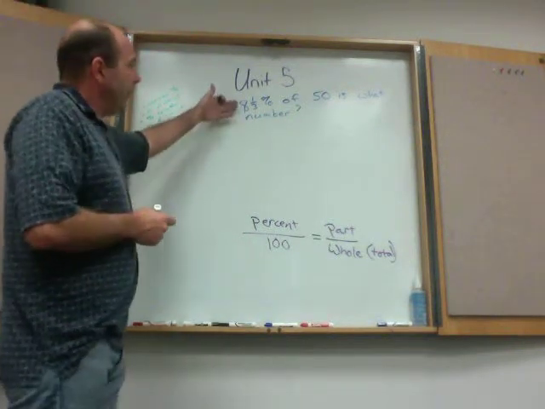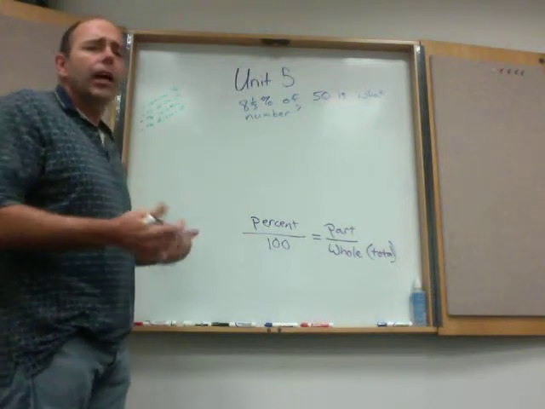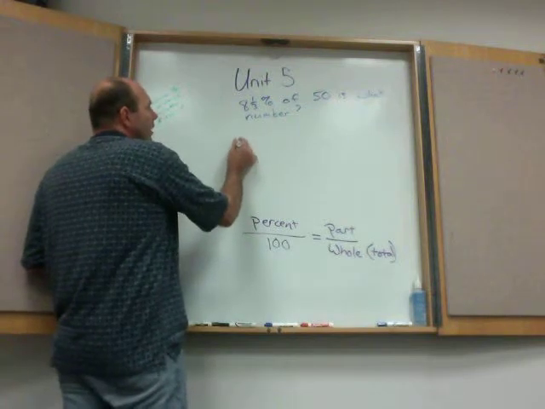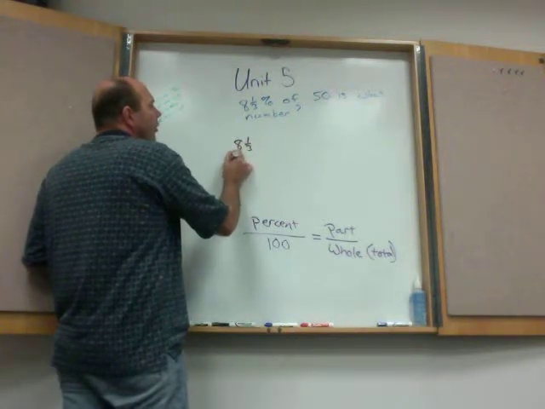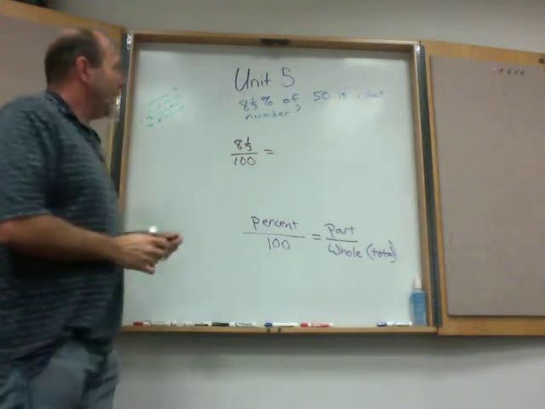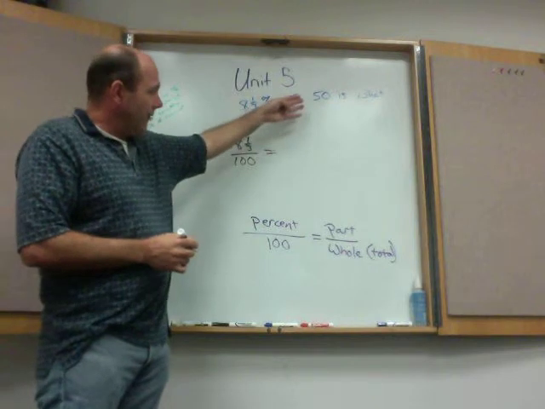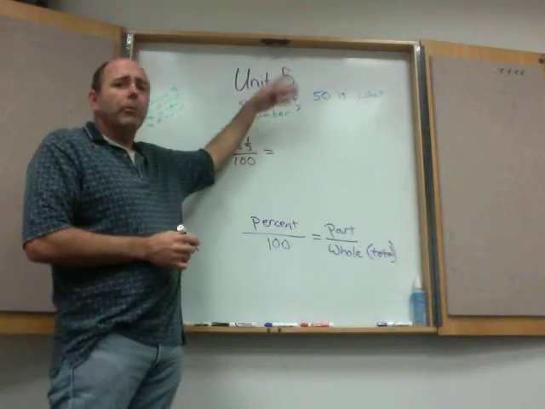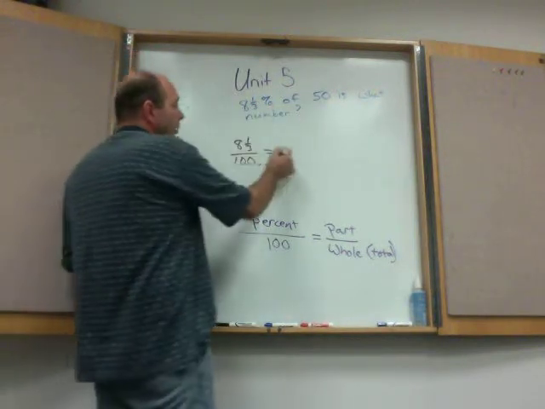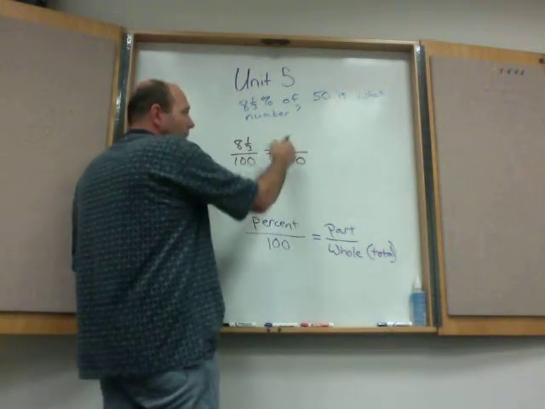Since I'm looking at 8 1/3%, I'm going to set up 8 1/3 over 100. And this is where it looks like a complex fraction. 8 1/3 over 100. And of 50, so 50 is the whole, and I'm going to be looking for the part. So I will put 50 down in the denominator here.